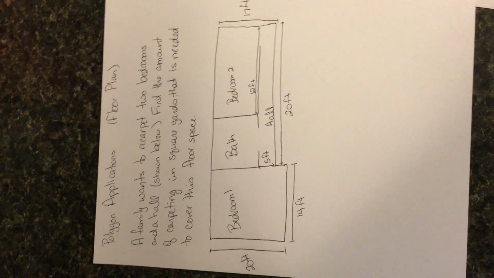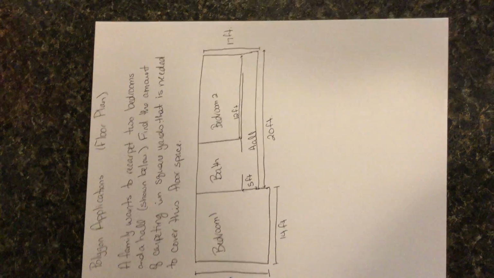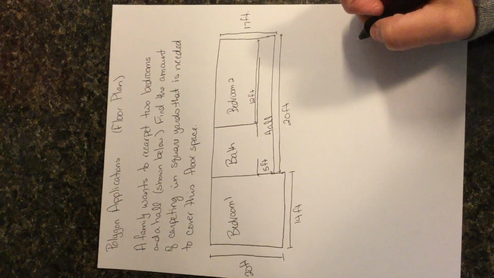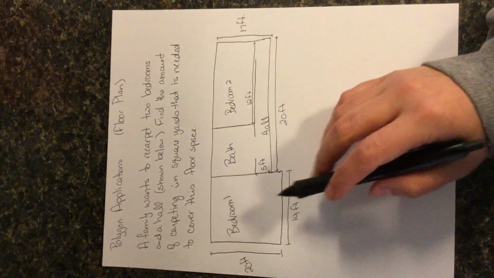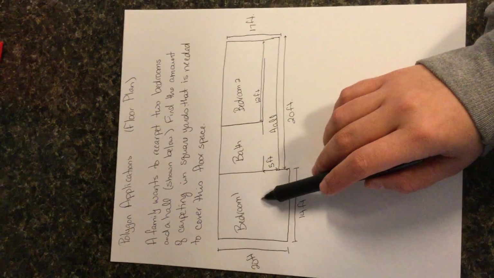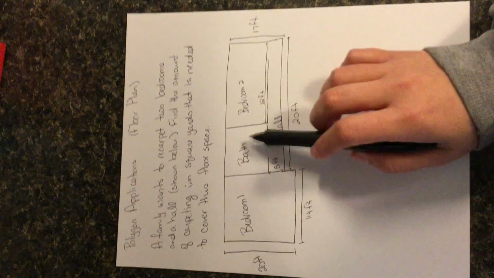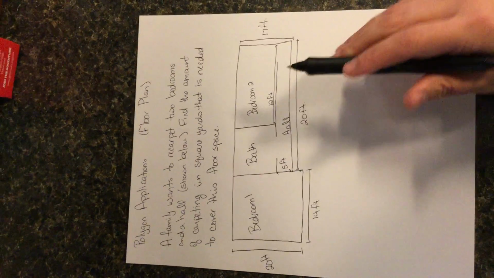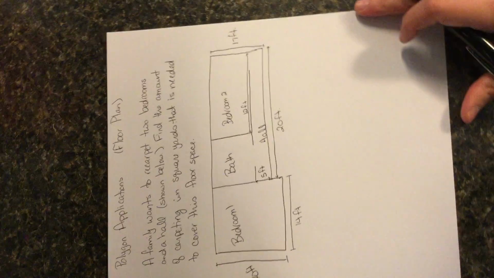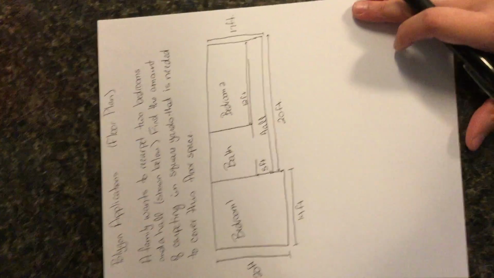So you have a bedroom, the bathroom, another bedroom, and the hall. And there should be a doorway over here, but I forgot to lift the pin. But anyways, to find the area, if they want to recarpet the bedroom, the hall, and the bedroom, so ignore the bathroom basically, they're wanting to recarpet those 3 rooms. So we're going to find the area of each room, and then we'll add them together.